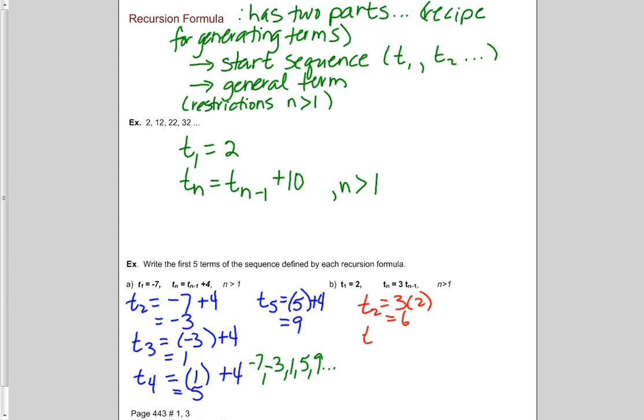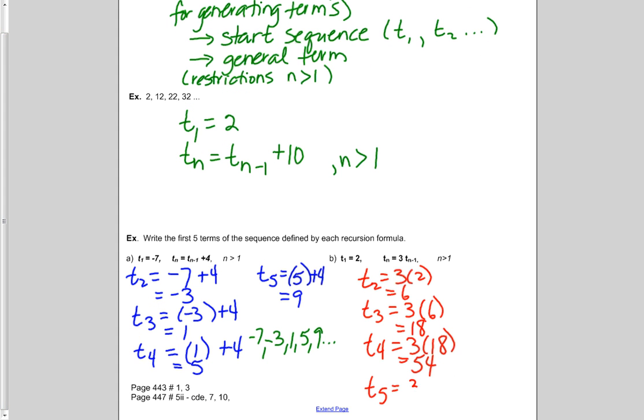So it's 6, term 3. It says 3 times the term before. Answer 18. The fourth term, 3 times the term before. And the last one, 3 times the term before. 3 times 54, 162.